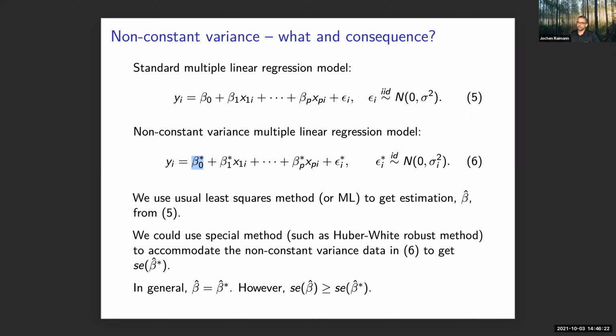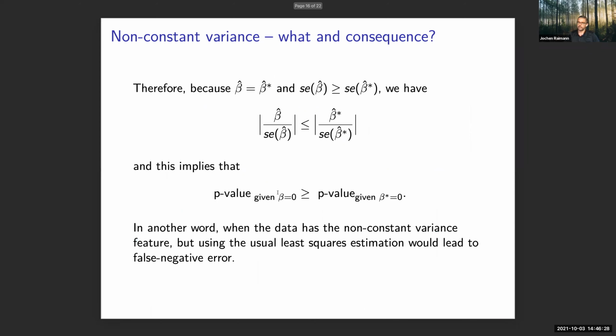If you use least squares methods, you're going to have a little bit of a problem, because if you have your beta hat estimated from a beta hat asterisk, the actual standard deviation of your data will be greater than what you will essentially see.